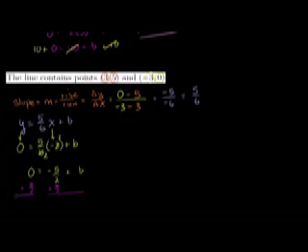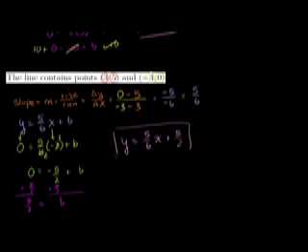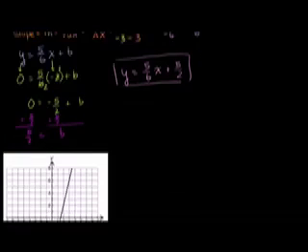And so the equation becomes 5 halves is equal to b. b is 5 halves. So the equation of our line is y is equal to 5/6x plus b, which we just figured out is 5 halves. And we are done.